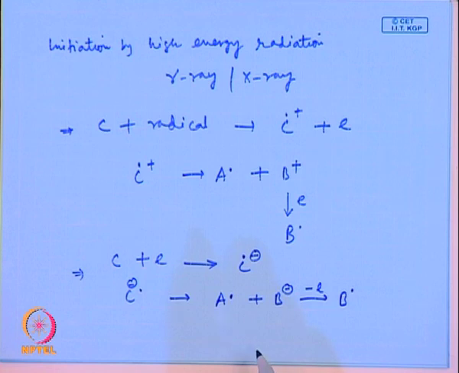So, using very high energy radiation sources, we can generate a radical which can initiate the radical polymerization reaction.